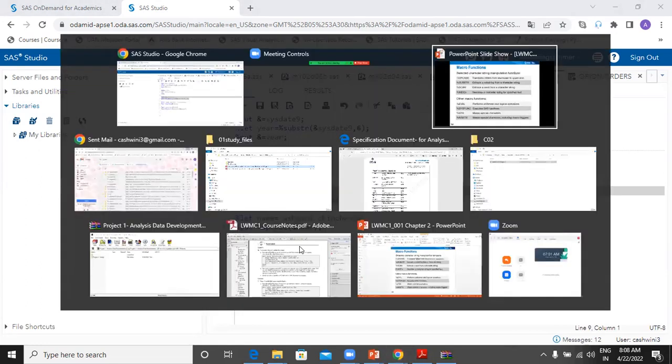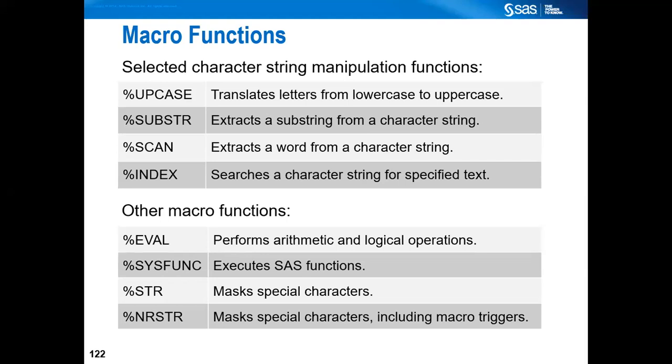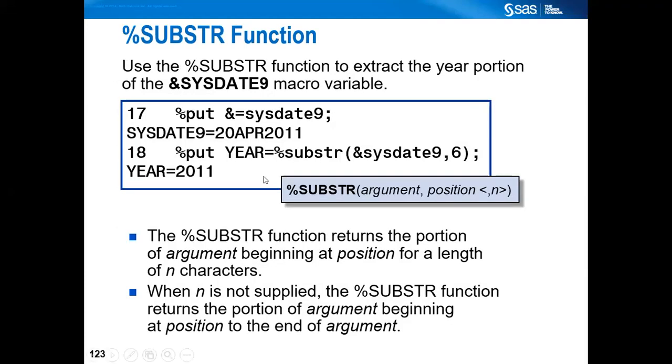Now coming back to your slides, they are showing %substr. Use the %substr function to extract the year portion of your &sysdate9 macro variable. The %substr function returns the portion of the argument beginning at a position for a length of n characters, same as your base substr.